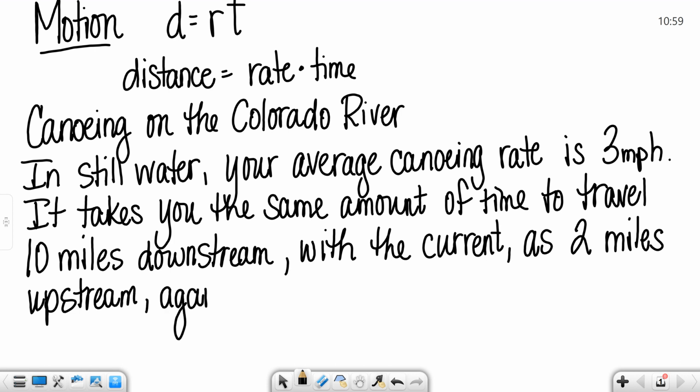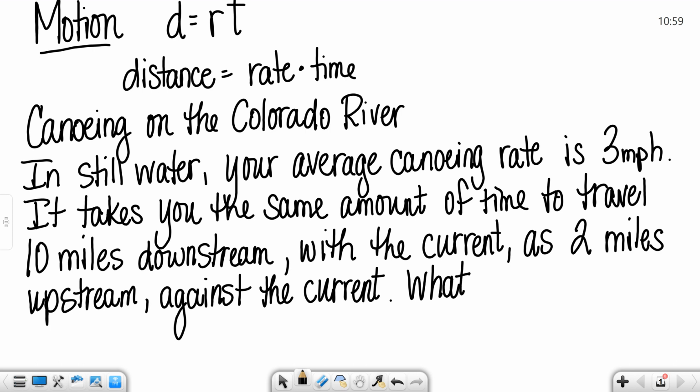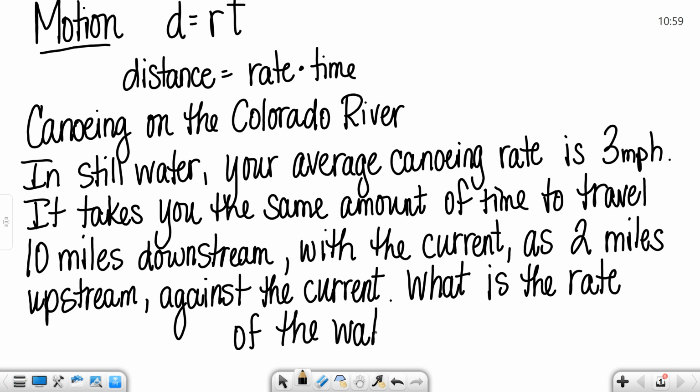Since we're going upstream, that means we are now going to be going against the current. So the question here is, what is the rate of the water's current? Since we said we're going to be going with the current or against the current, we're going to need to know what is the rate of the current. Okay, that's the actual question here.